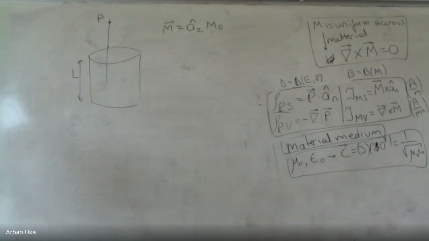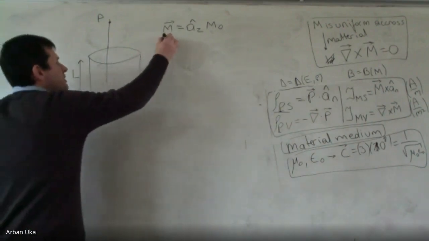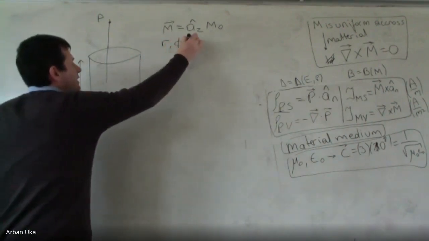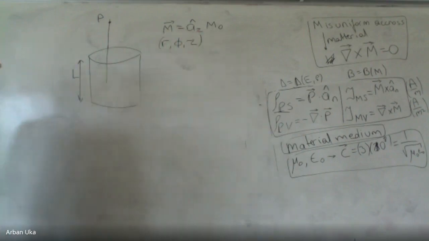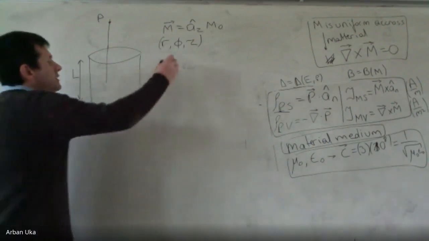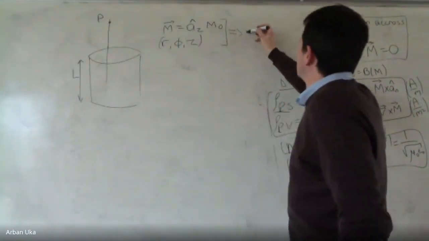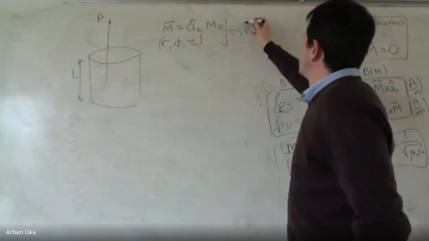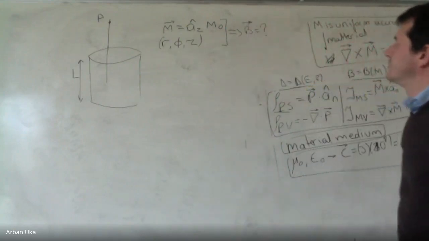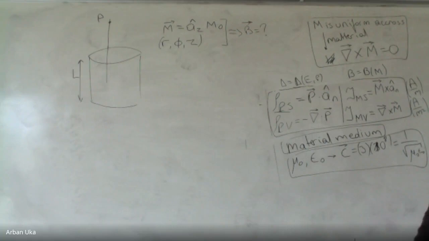This cylinder is filled with material, and since we have a cylindrical symmetry, we can use the coordinates r, phi, z. So we are dealing with a cylindrical symmetry. Given these, the question is the following: what is the magnetic field B, only because of the magnetization given like that?